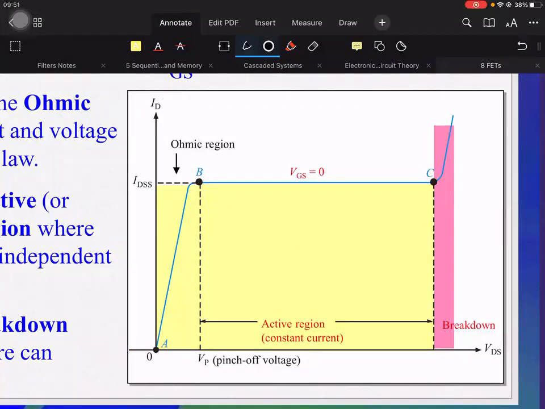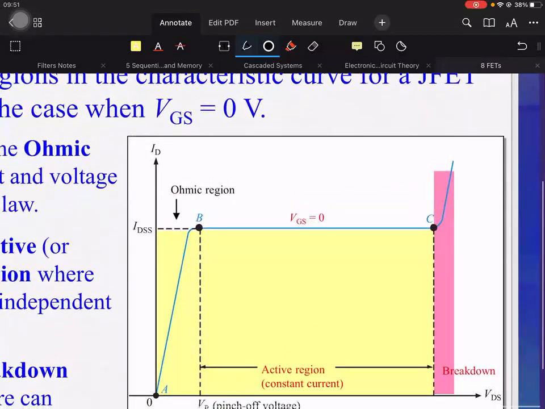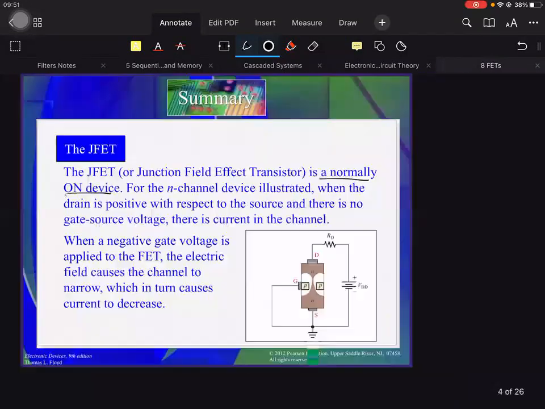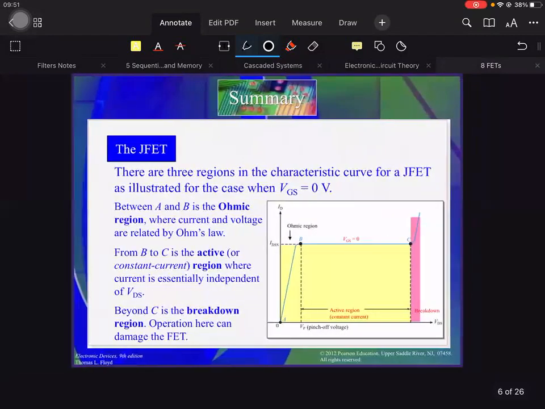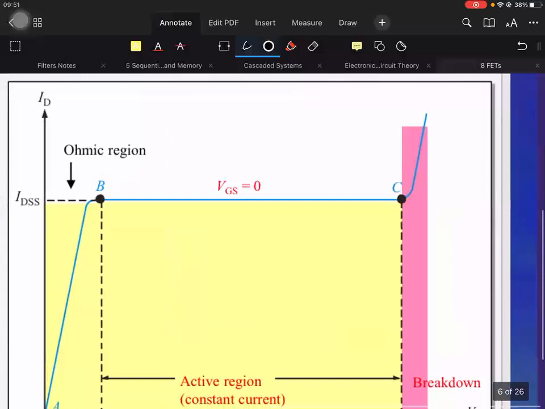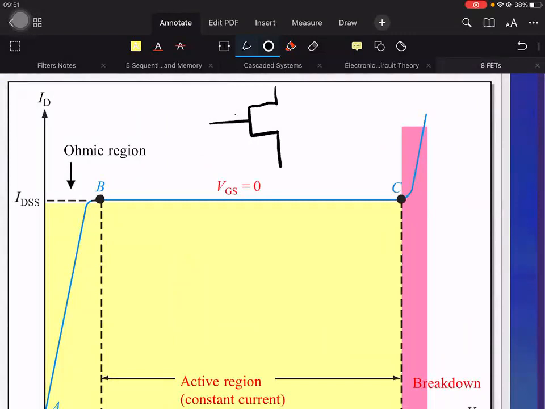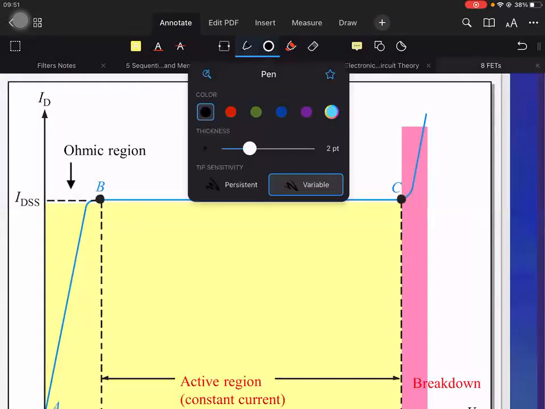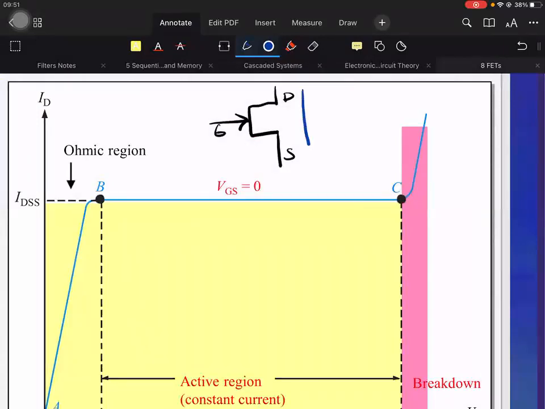So this is ID, the current from drain to source.